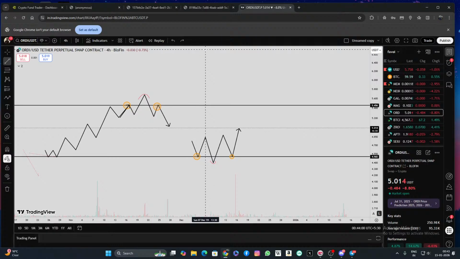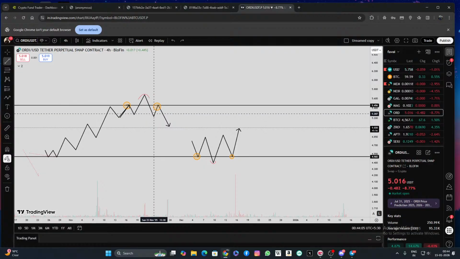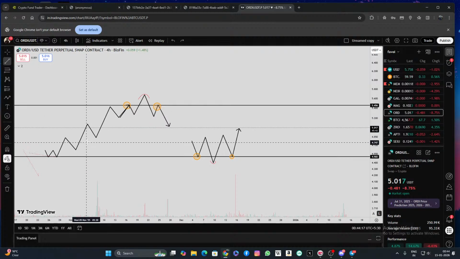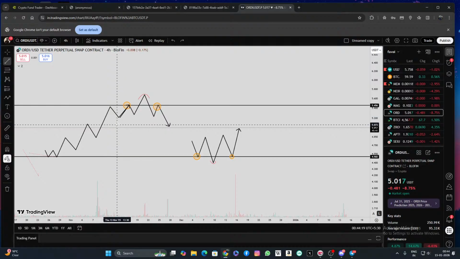They are booking profits, and at that exact moment the market started to show its first sign of weakness, as it failed to make a new higher high. It failed to make a new higher low. You see, this low is pretty much above this low, and this low is also pretty much above this low, but this low broke the previous low.